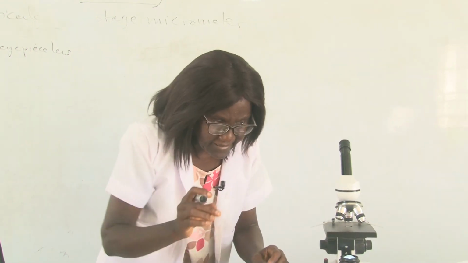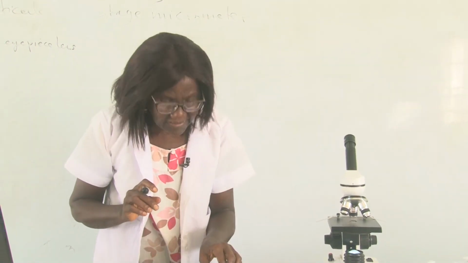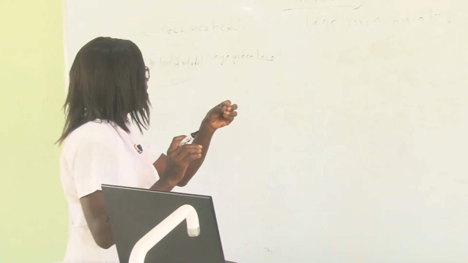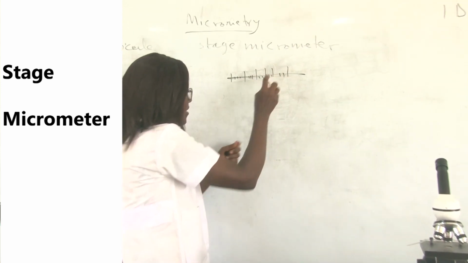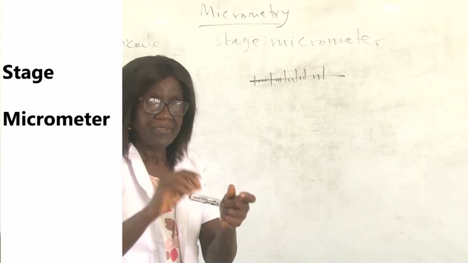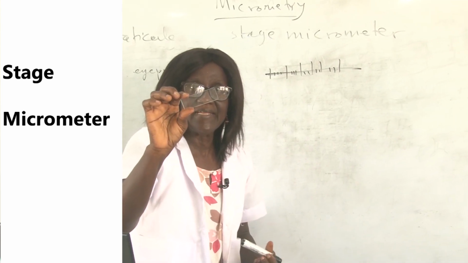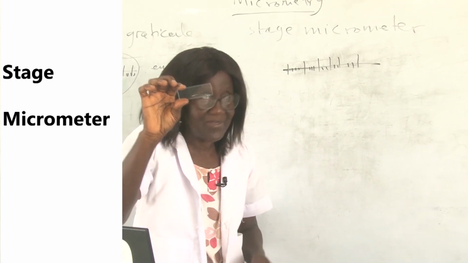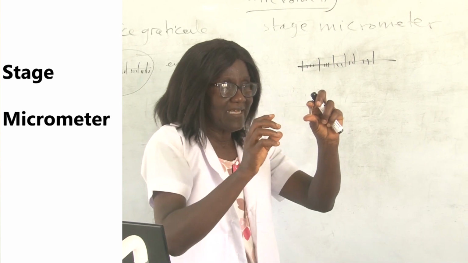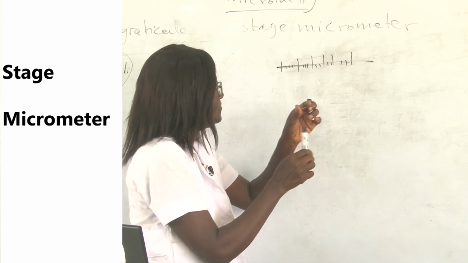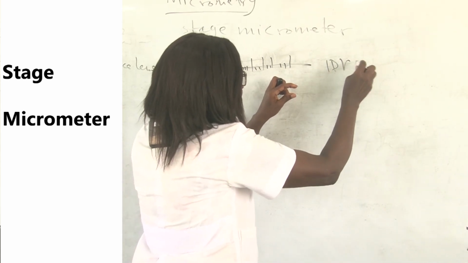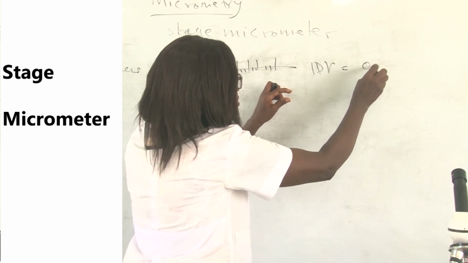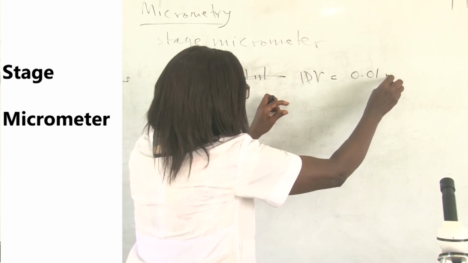Then there's another piece called the stage micrometer. That is also a scale. This scale is on the microscope slide, and it tells us that one division is 0.01 millimeter.